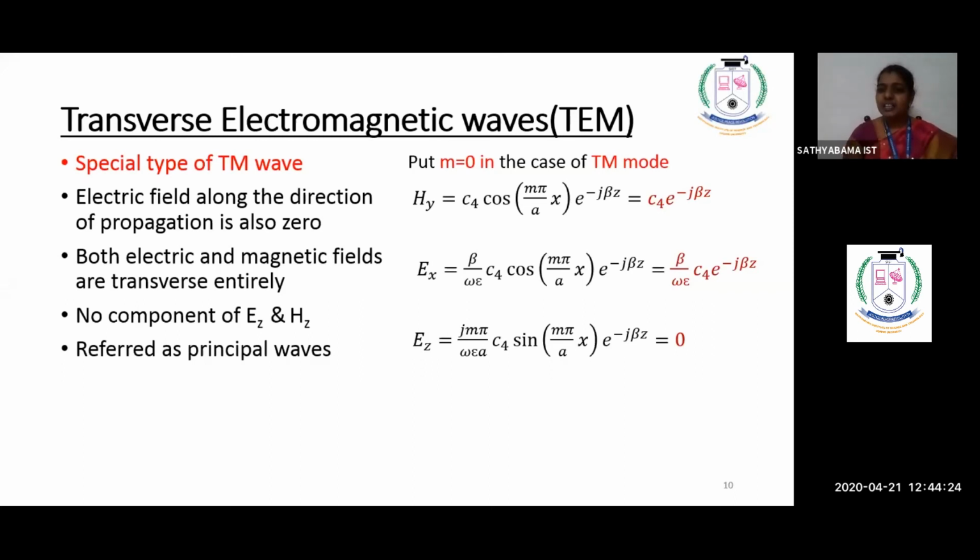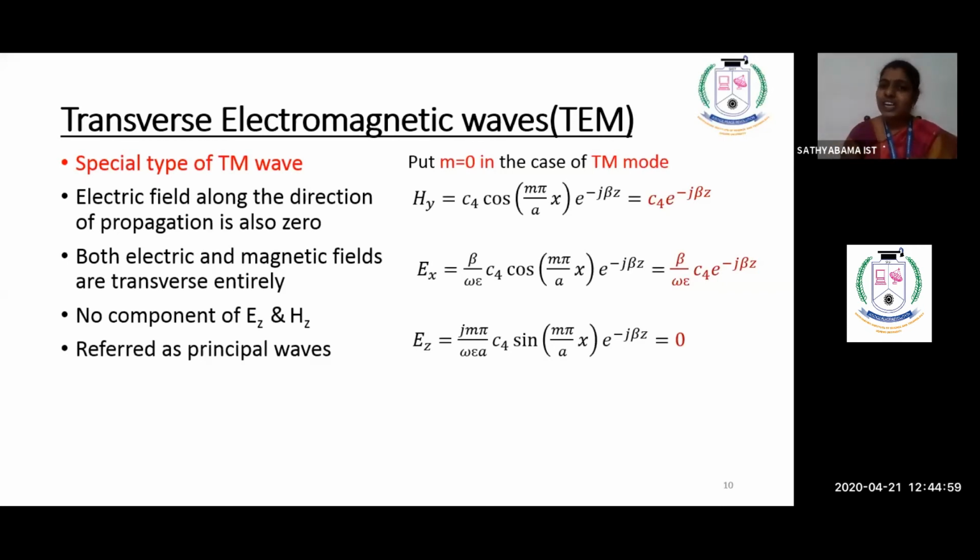So what we say is, your transverse electromagnetic wave is a special case of the TM wave, provided one important condition is satisfied. That important condition is m equal to 0. If m equal to 0 is not satisfied in your TM wave, it is not called a TEM wave. So what is the keyword for the TEM wave? An electromagnetic wave is called a transverse electromagnetic wave only when the condition m equal to 0 is satisfied in your TM configuration.